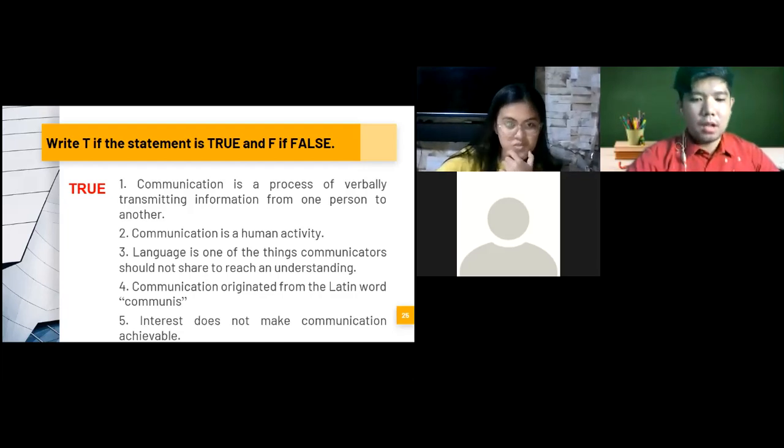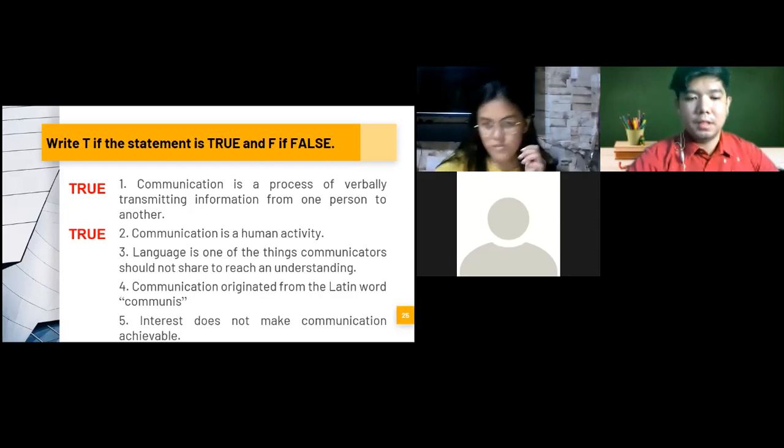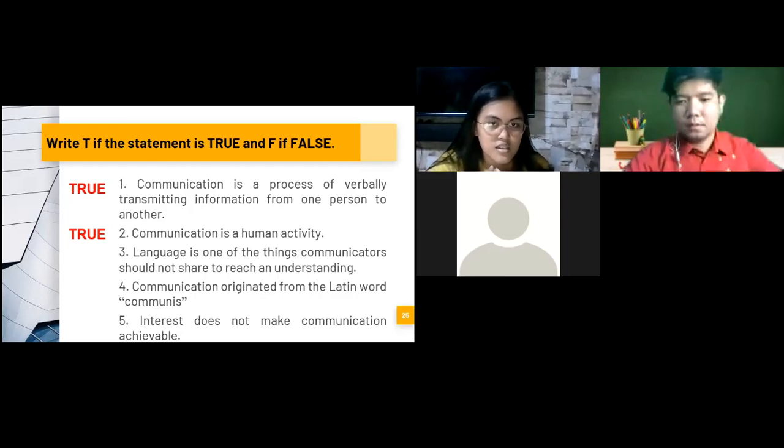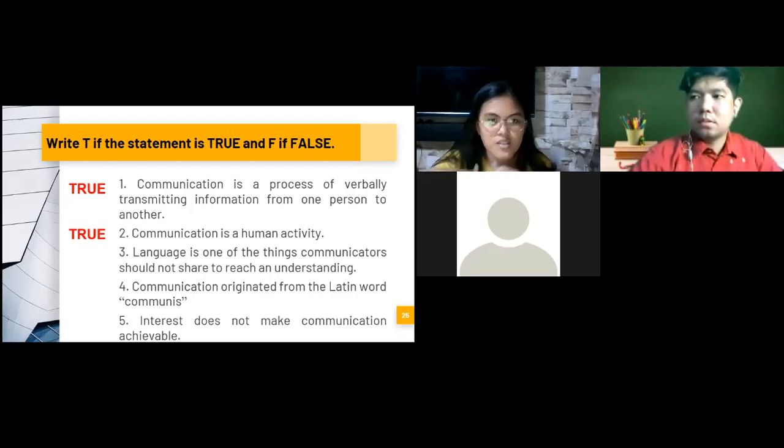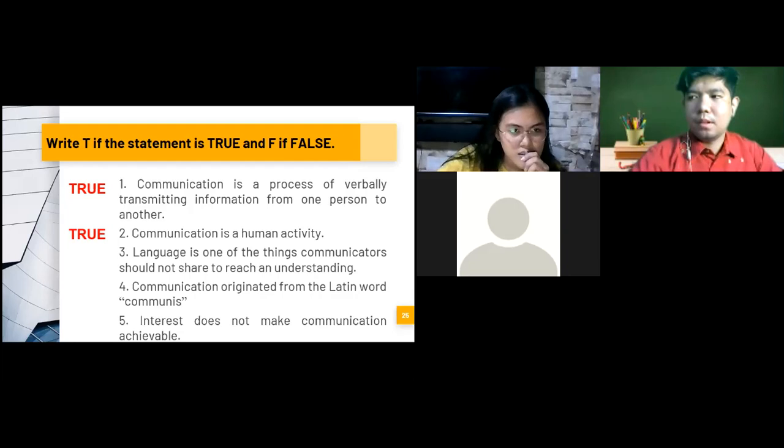Next, Ms. Dolom, please take the second one. Communication is a human activity. True. Correct, it is true. I'm not going to call Ms. Moreno anymore because she might still be experiencing intermittent internet connection, so I will just be calling the two of you. For the third one, Ms. Berdin. Language is one of the things communicators should not share to reach an understanding.